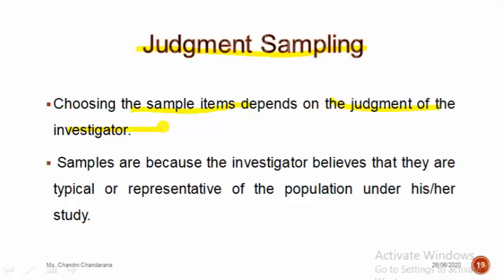This is known as judgment sampling. Here samples are selected because the investigator believes that they are typical or representative of the population under his or her study. That's why we first judge our sample and then select it. That's why it is known as judgment sampling.